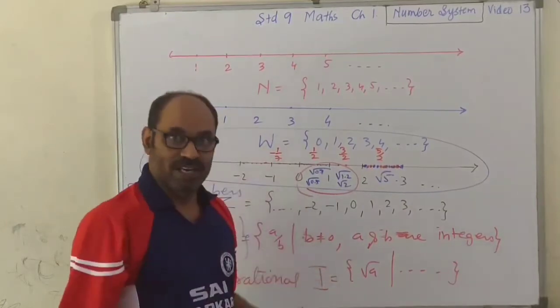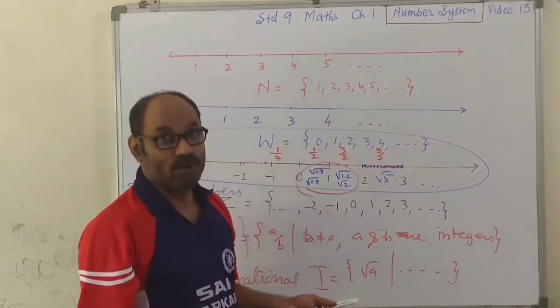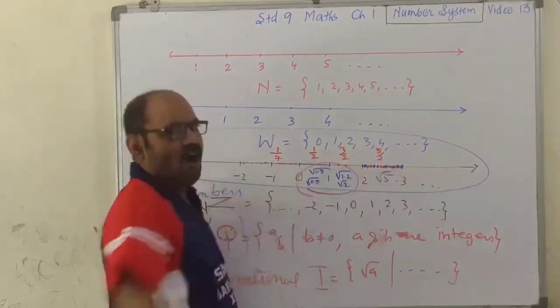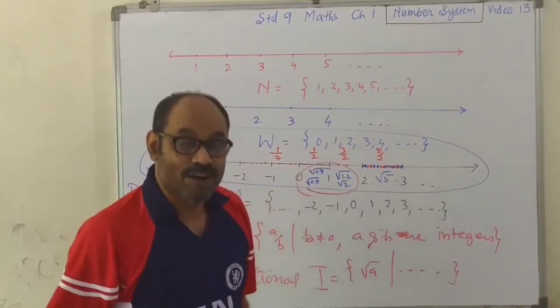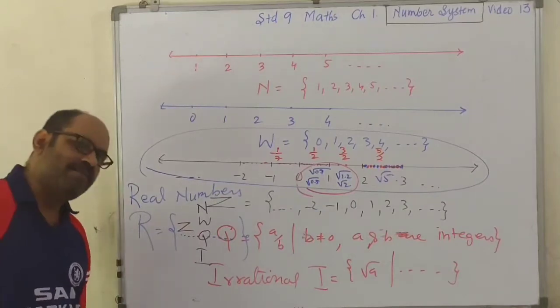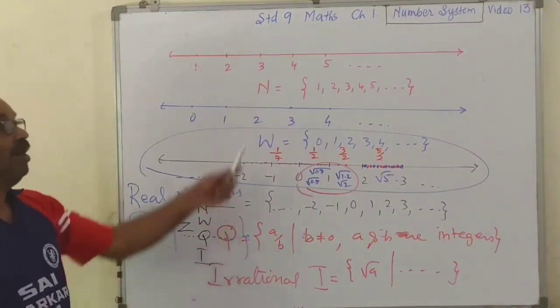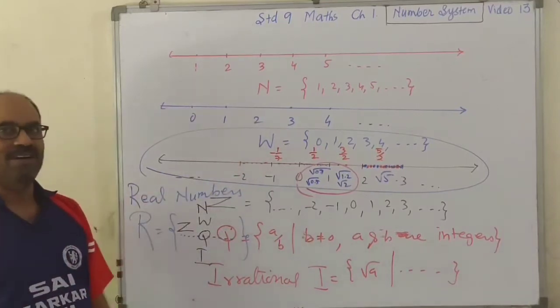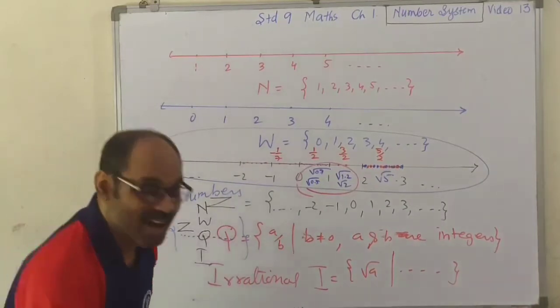Rational numbers, then only rational numbers. Irrational numbers, then you can take only irrational numbers. But if you consider all points, then this is a set of real numbers. So a real number can be any: 2 is a real number, root 5 is a real number, 2/3 is a real number, because they are all real numbers. Are you getting me, children?